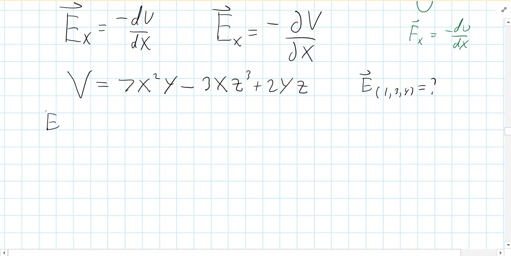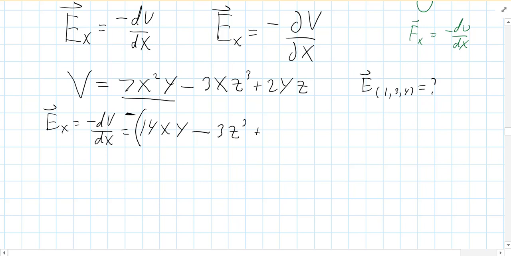So E in the x direction is negative dV dx, which means, look at this first term, you pretend everything's a constant in there except for the x. So you're taking the derivative of x squared. Well, that's 2x. So you take the 2 times the 7 times the y, and you end up with 14xy. Make sure it's all negative out front. And then minus, the next term, the derivative of x is just 1, so you got 3z cubed.